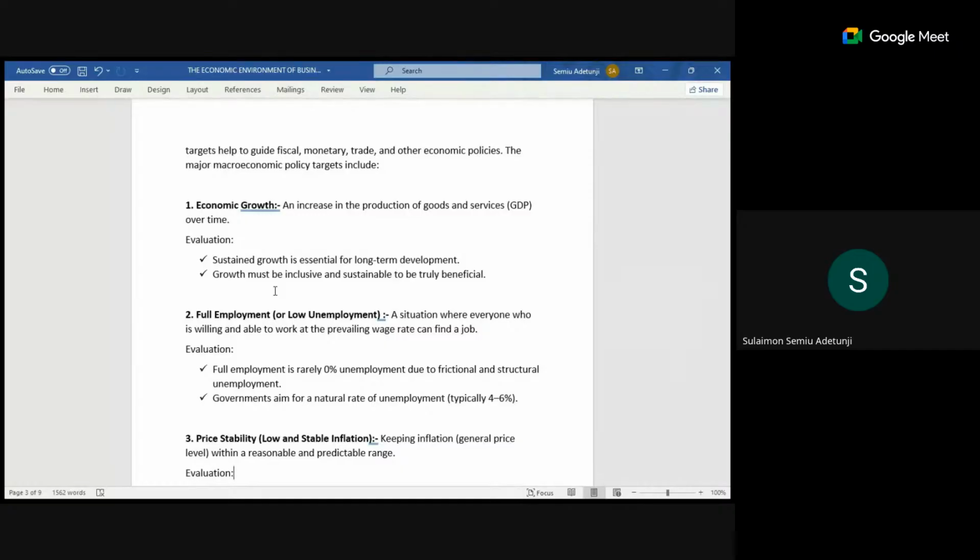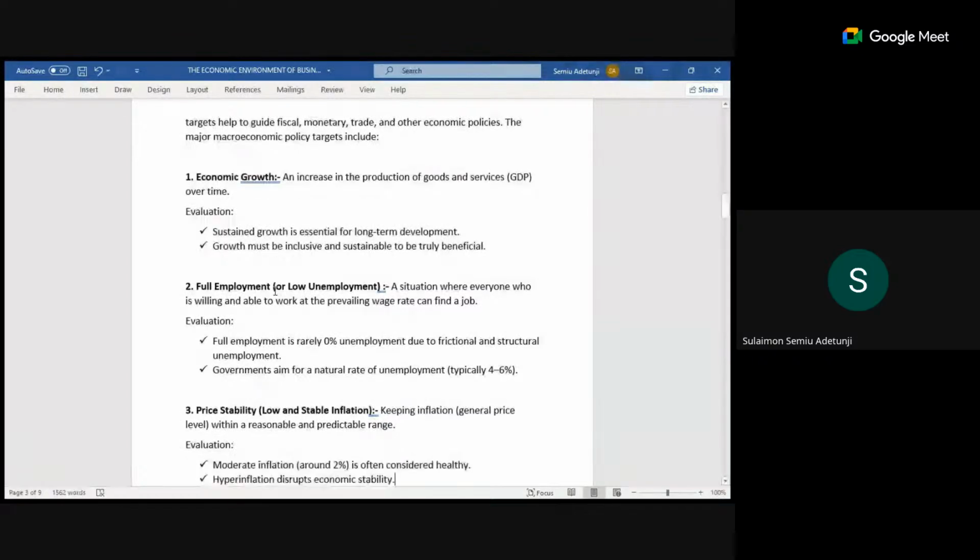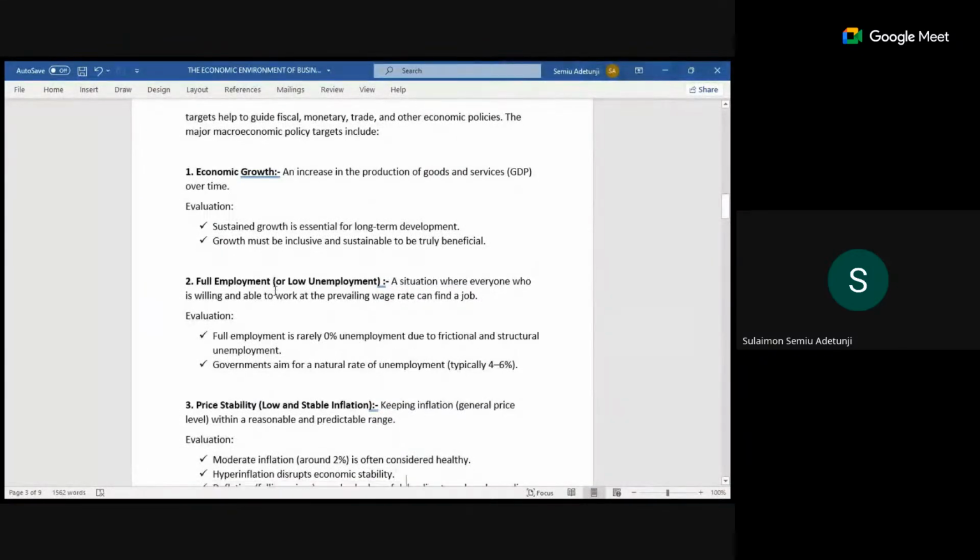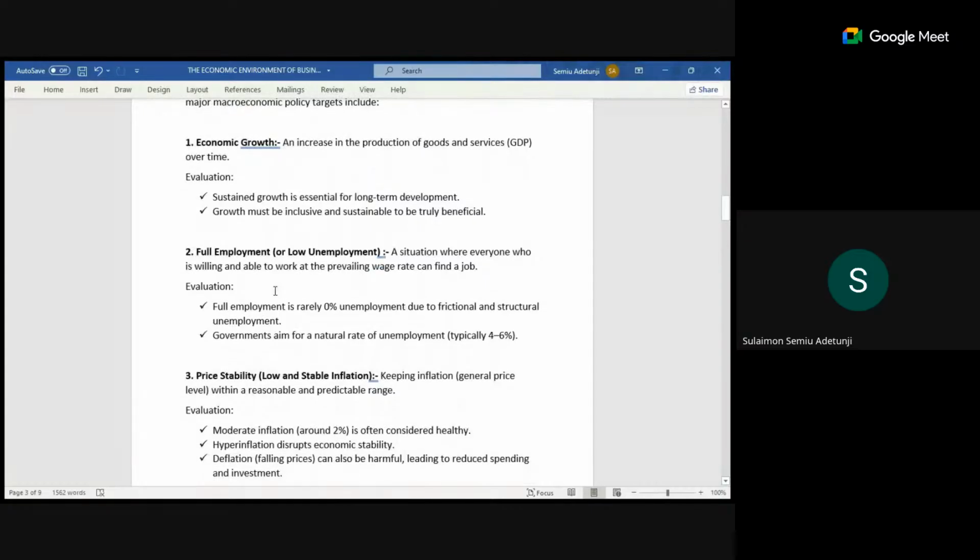But unfortunately, I don't think there is any country that can offer 100% full employment. But it is reasonable if you can reduce the unemployment rate to between 4 to 6%, fine. But even the 4 to 6% is not realistic.